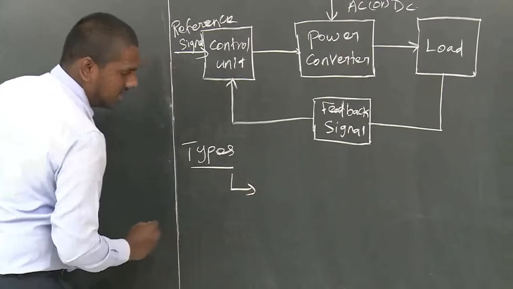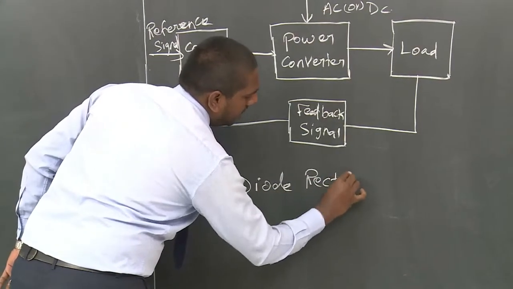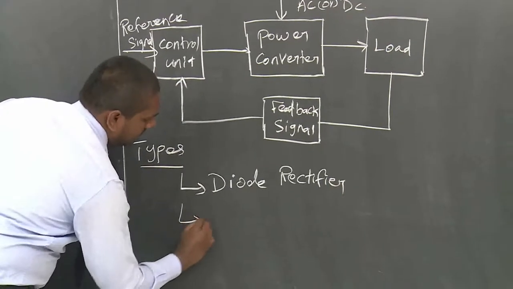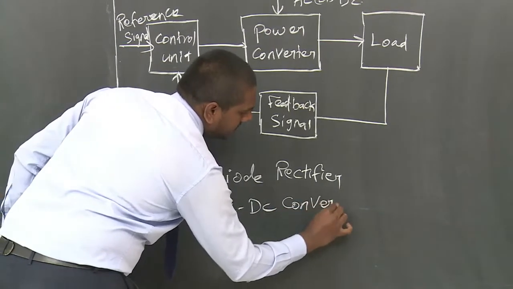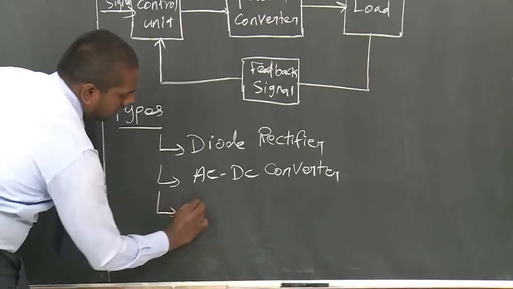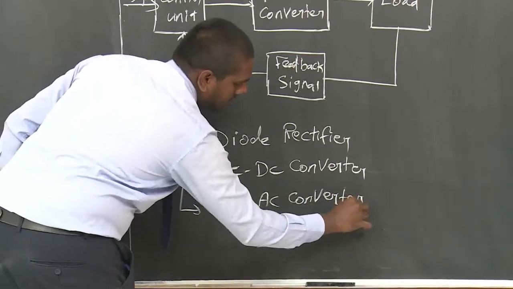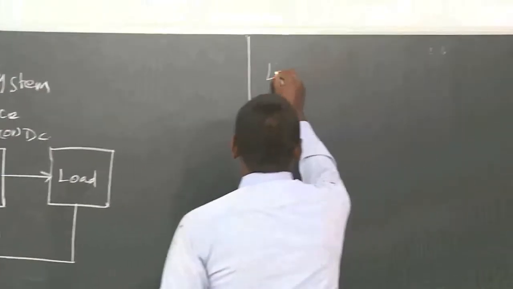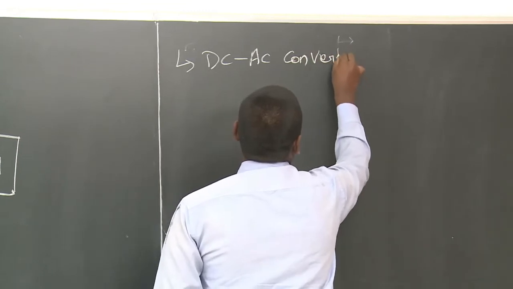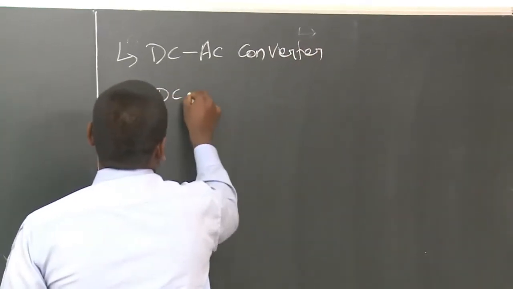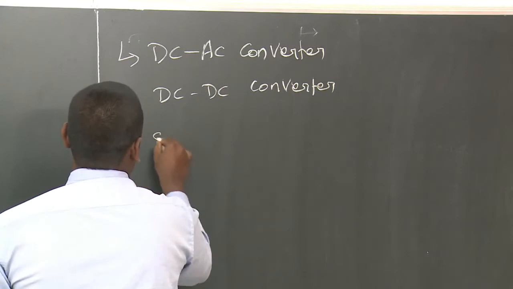The power electronic system consists of diode rectifier, AC to DC converter, then AC to AC converter, then DC to AC converter, then DC to DC converter, finally static switches.